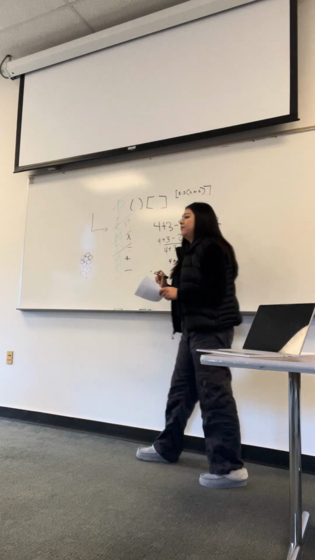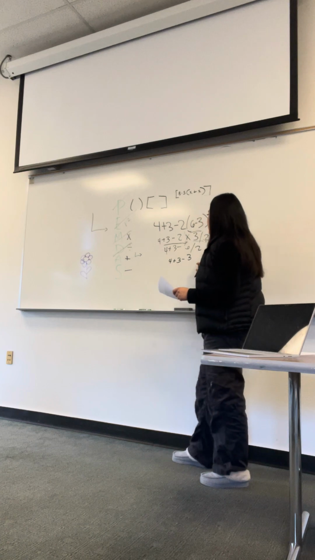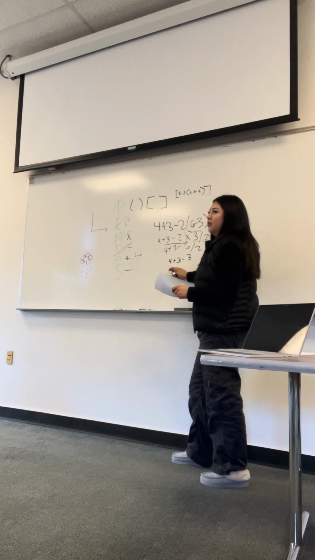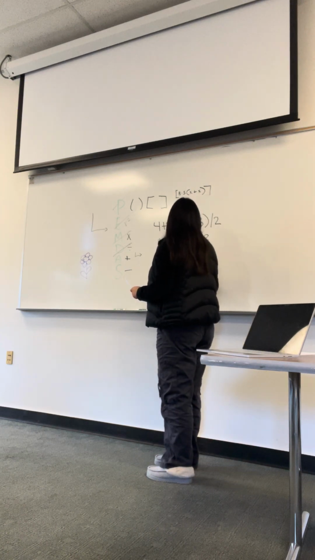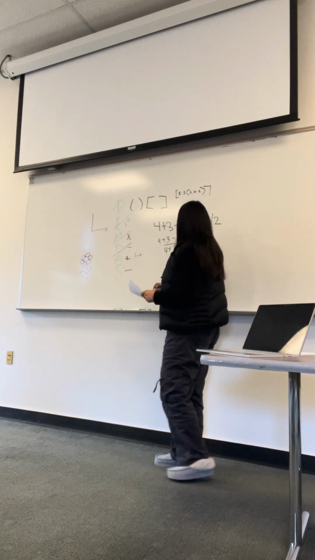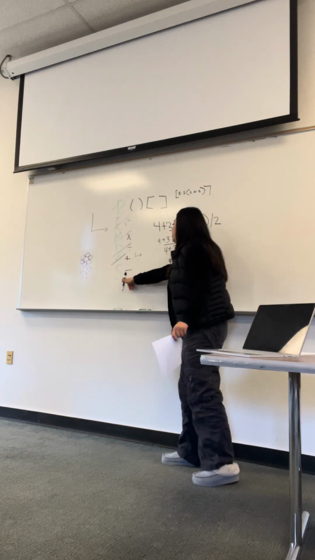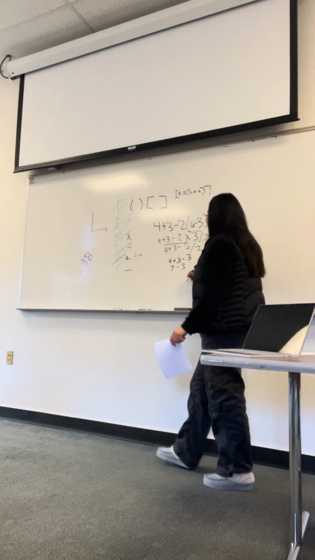Cross out the D. And then since we're still going down and to the right, we're gonna do 4 plus 3. Alexi, what's 4 plus 3? 7. Good. And then bring that down. We're gonna do addition. And now we're gonna do subtraction. That means it's 4.